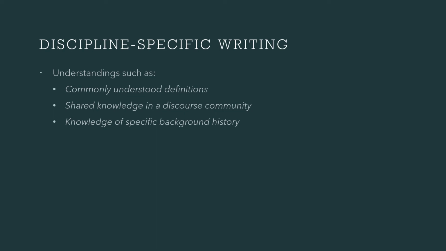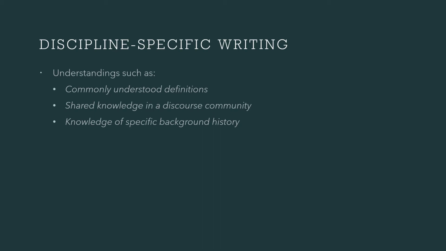And this additionally ties into discipline-specific writing, which, as I mentioned, I was going to get into a little bit more, in which you have a commonly understood definition, shared knowledge in the discourse community, or knowledge of a specific background in history.